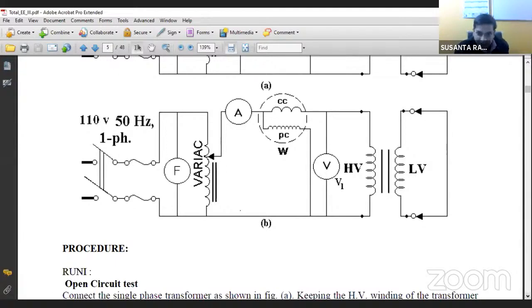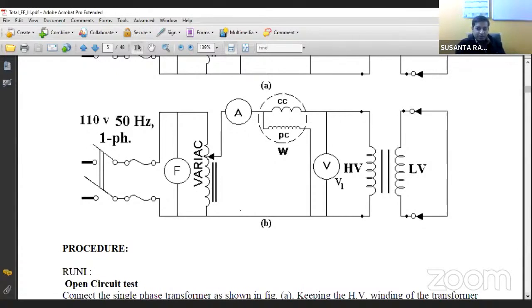And as the voltage drop is very low, we can neglect the shunt branch, because as we have already seen, the shunt branch depends on the voltage. Suppose instead of 110 volt, only 2 volt is dropped. Then with respect to these 2 volts, how much core loss will you get? Very less, isn't it? So if we can neglect this, then we can separate the two losses very easily.